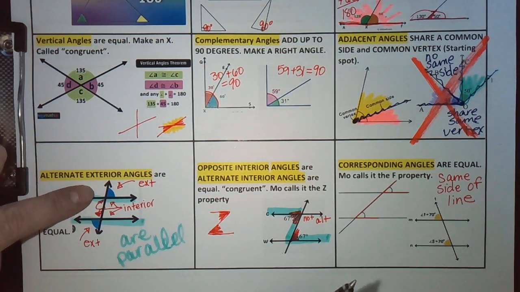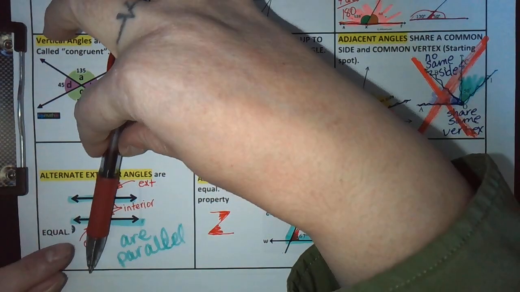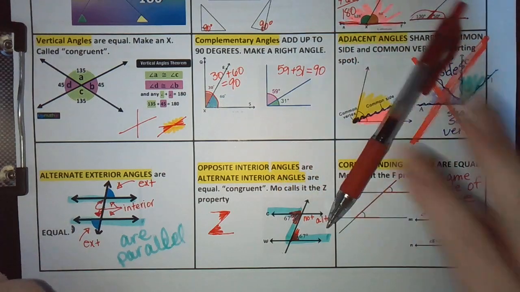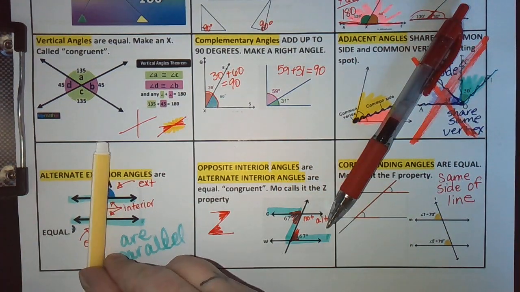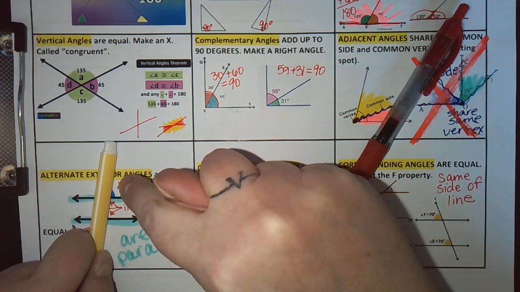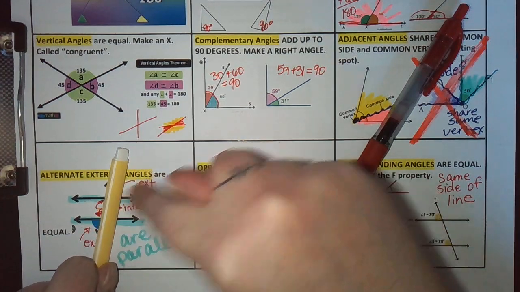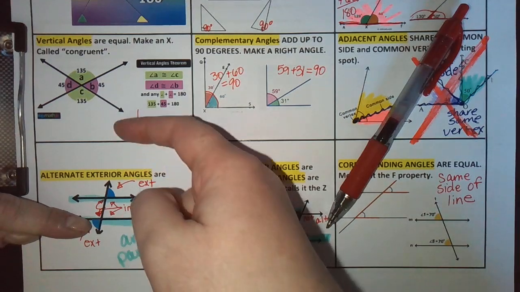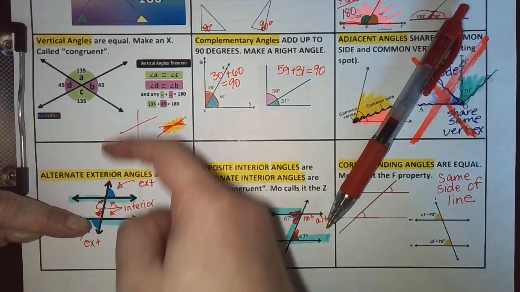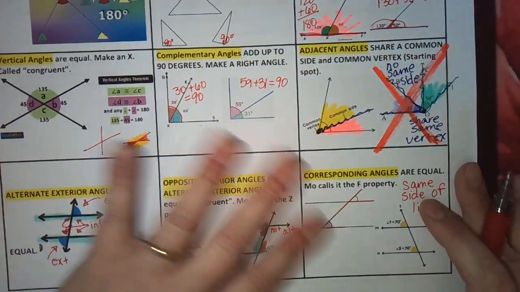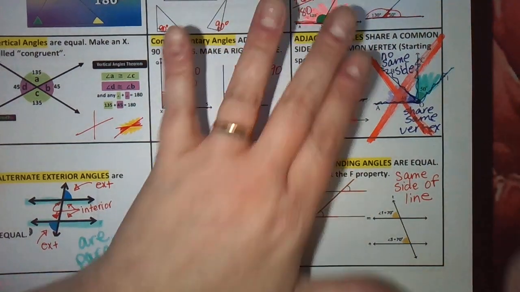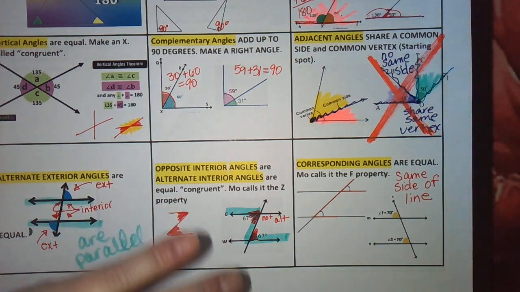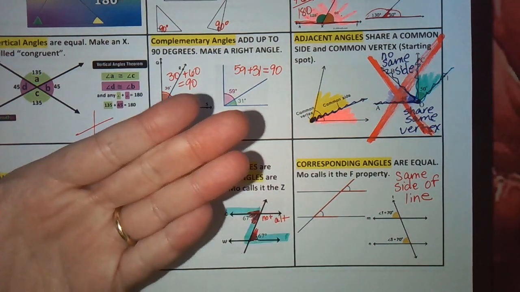And then if you look at this alternate exterior, and you look at that up and down line, the angles they gave us are on the opposite sides of the line. One's on the left, one's on the right. They're on the opposite side of that line that cuts through our parallel lines. Okay, so corresponding angles are on the same side of the line. It only works if we have parallel lines.